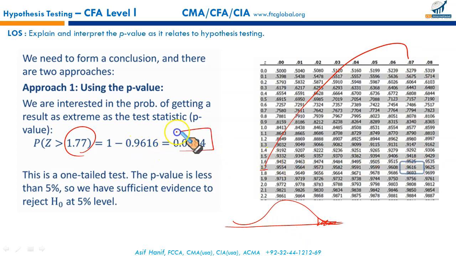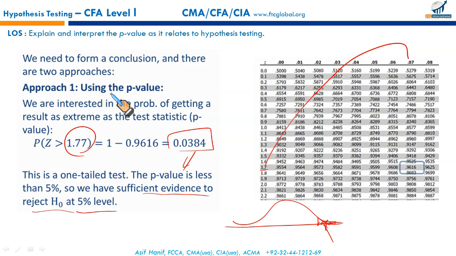It means the result is 0.0384, which is less than 5%. It means it falls within this region. So the p-value is less than 5%, so we have sufficient evidence to reject the null hypothesis at the 5% level of significance. This was the first approach using the p-value.